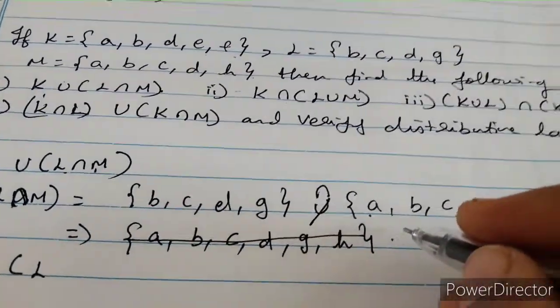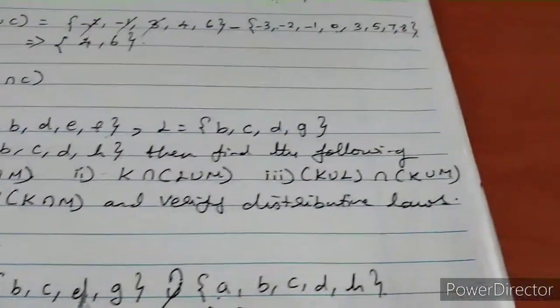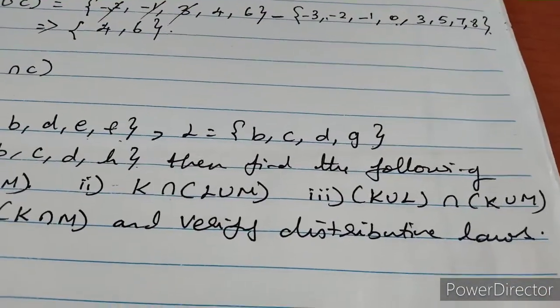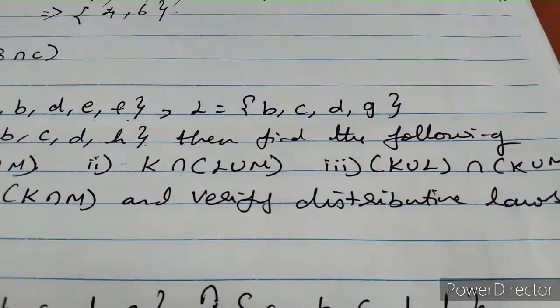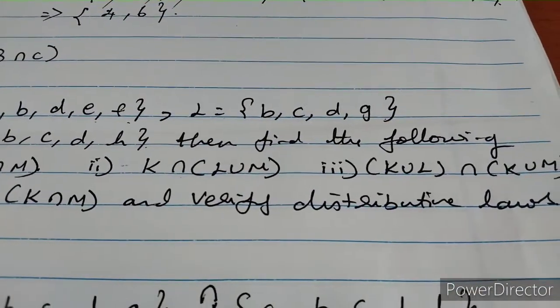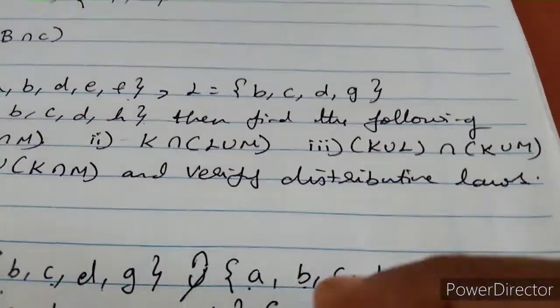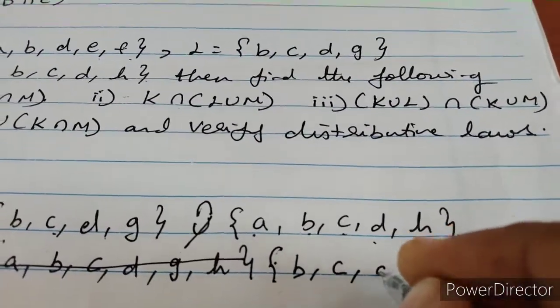Intersection means the elements which are common in both the sets. So what are the elements common in both the sets? B, C and D. So take and write B, C and D.